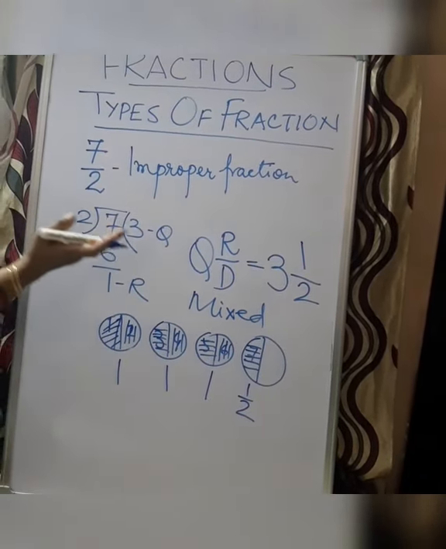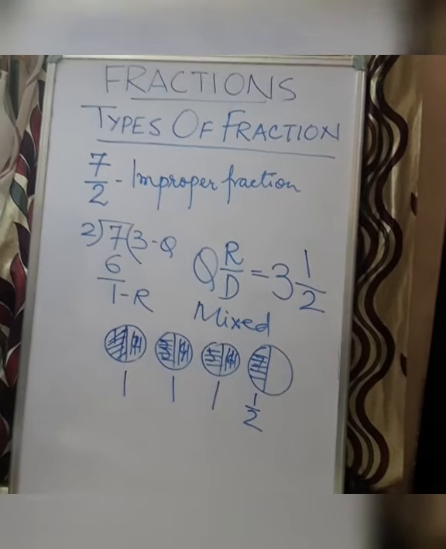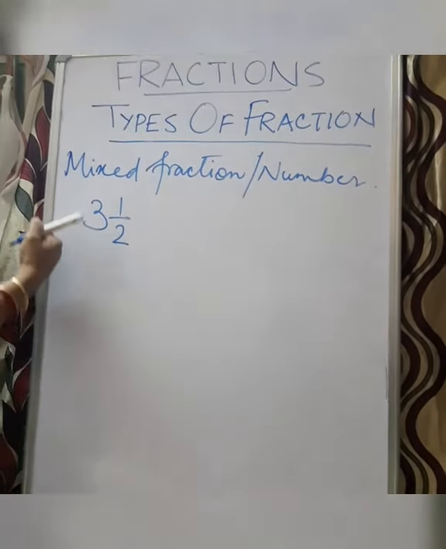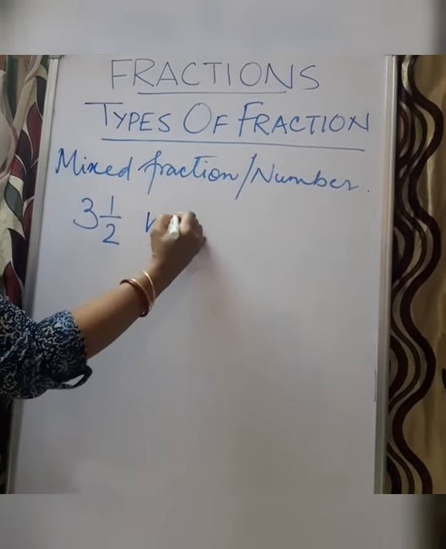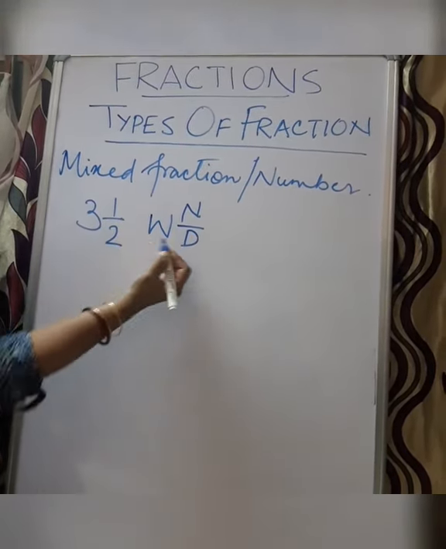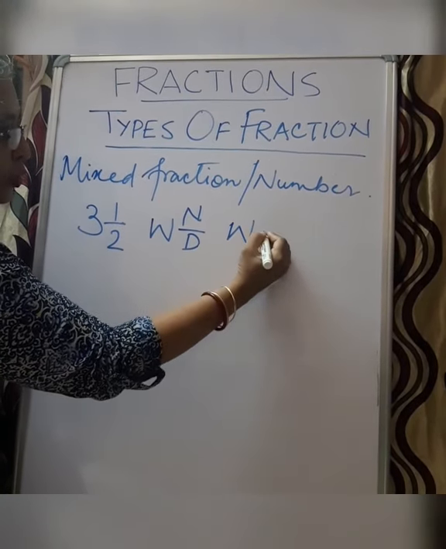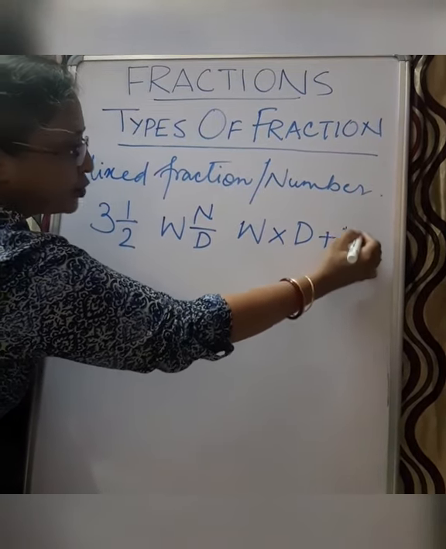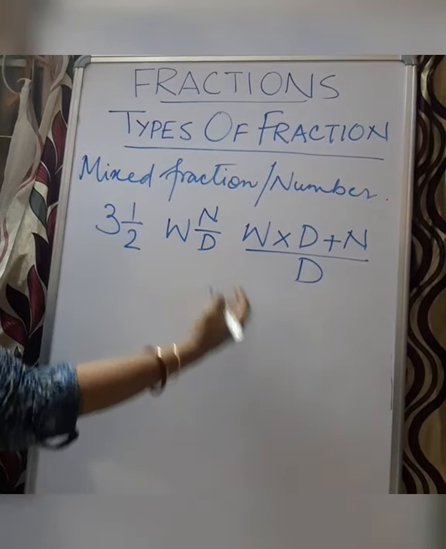So how can we change this again to improper? Let's see. The mixed fraction or mixed number we have written in this form. It has one whole number, one numerator and a denominator. So for changing this, we multiply the whole number by the denominator, add the numerator, and divide by the denominator.